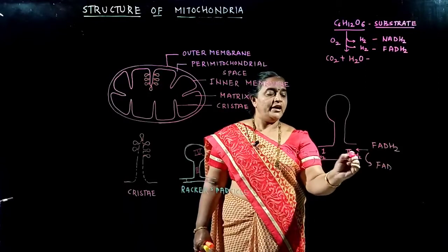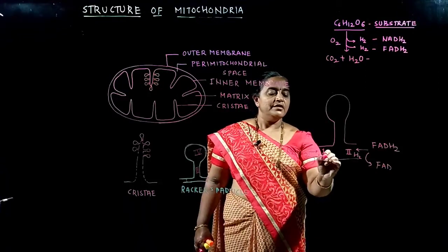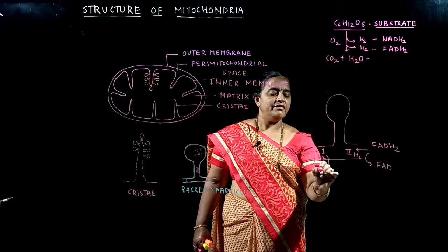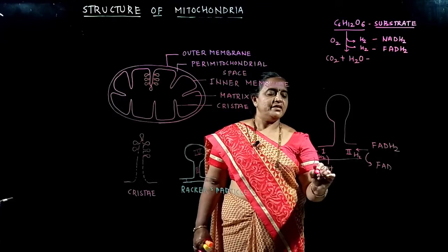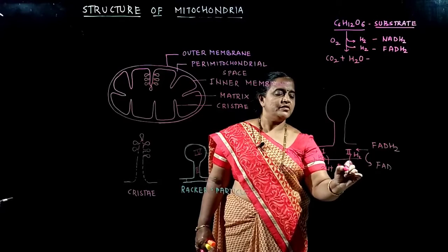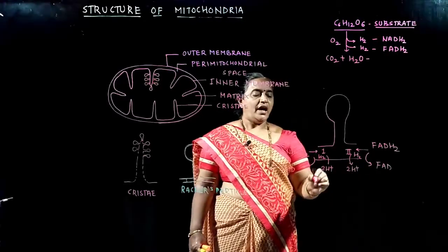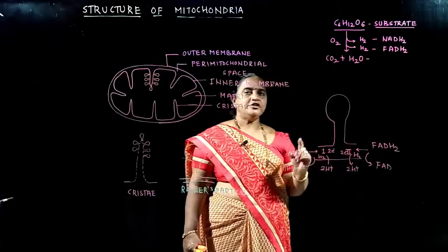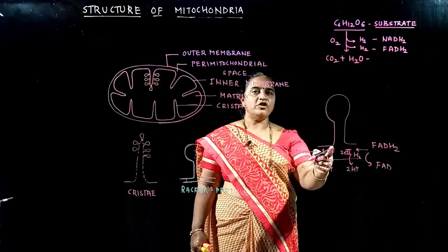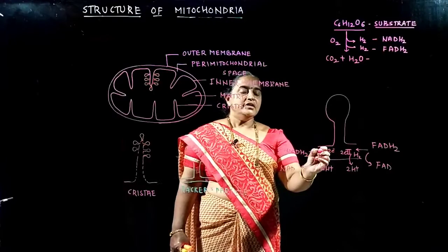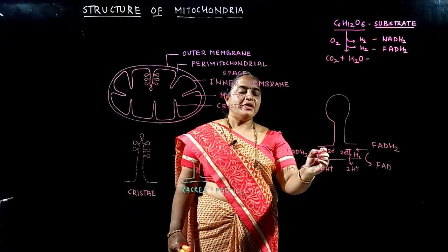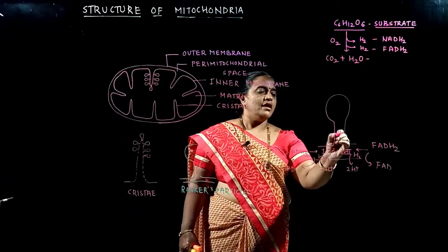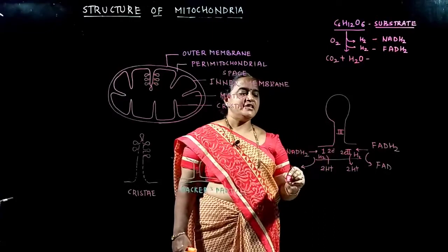Now these hydrogen molecules will split, giving 2H plus protons outside and liberating electrons. So H2 splits into protons and electrons. Now let us move from complex 1. These electrons are accepted by complex 3.